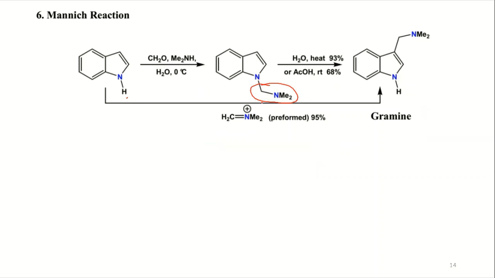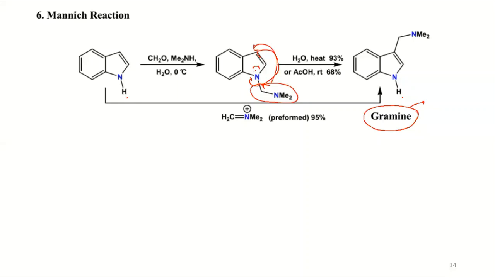But if you heat it, what we see is that the movement of this group occurs at this center. You can think in this way, it is happening, kind of a rearrangement type of situation. That is happening, and this compound is a well-known compound we know as gramine.